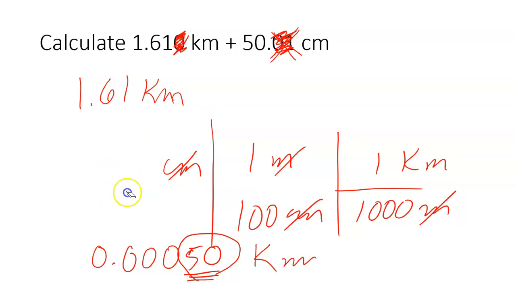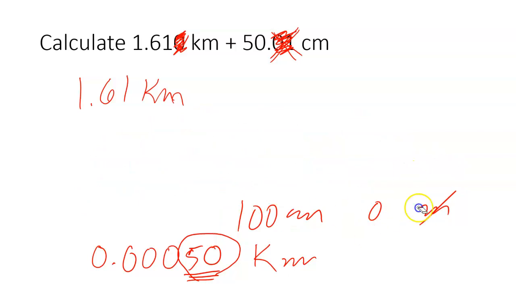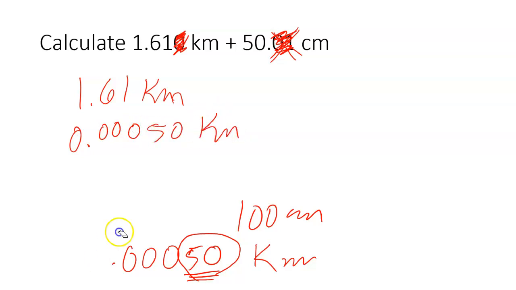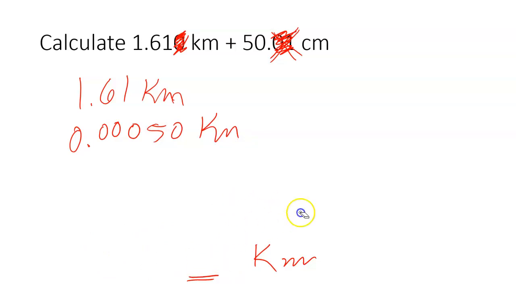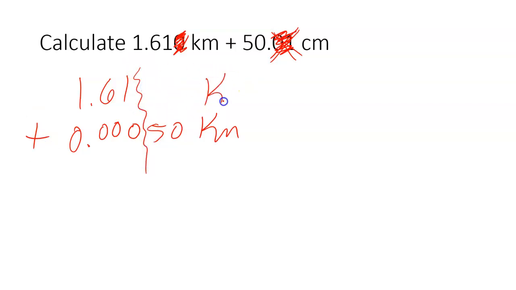With this number now, I can go over here and say 0.00050 kilometers. And look, if I do this addition here, I have to stay right there, right? Right here, I'm sorry.